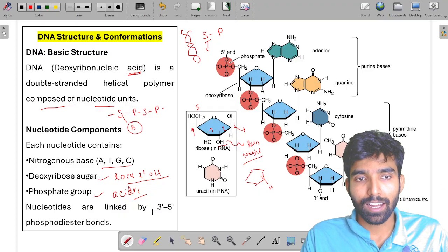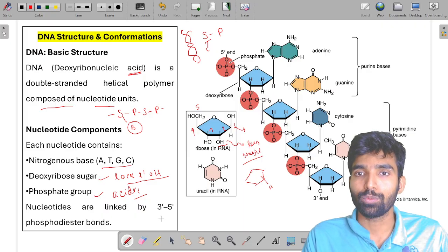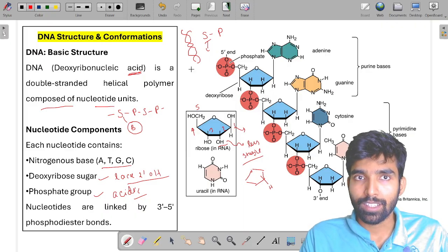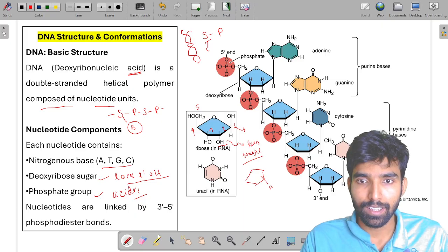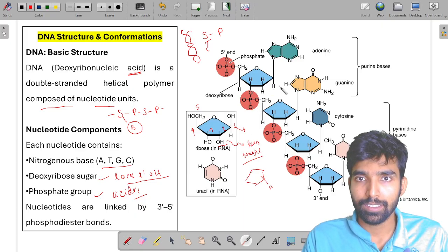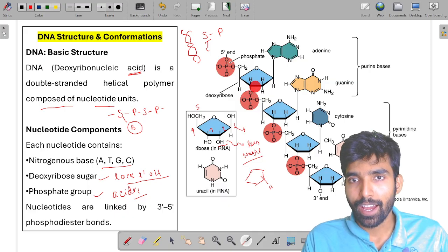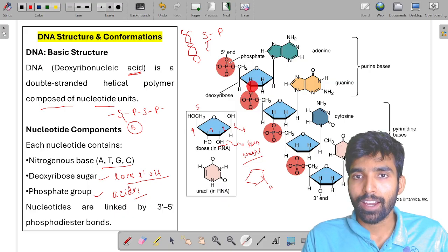And the nucleotides are joined by 3',5' phosphodiester linkage. What is 3',5'? I will tell you now. See, you have to focus here. This is one ribose sugar, and in this ribose sugar, this is the 3' position, and at the 3' position one phosphate group is attached.